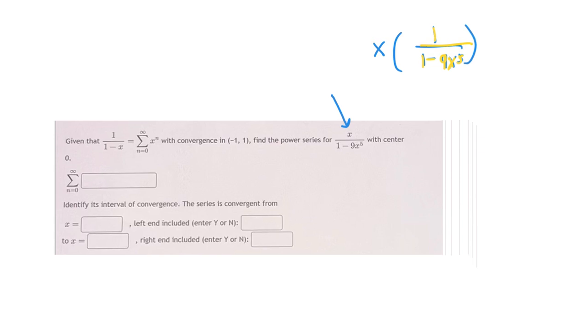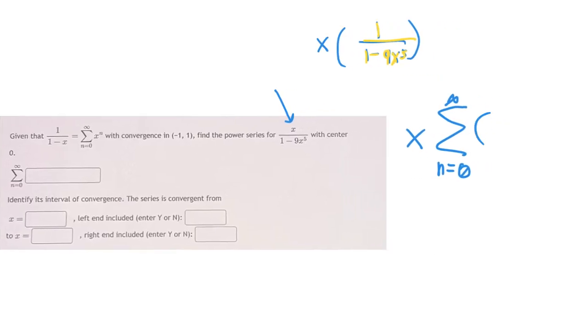So let's just rewrite it so that it's x times the summation, n equals 0 all the way to infinity. In this case, it would be this to the n power, 9x to the 5th, and I'll keep that in yellow, actually. Pretty easy, I think, right?